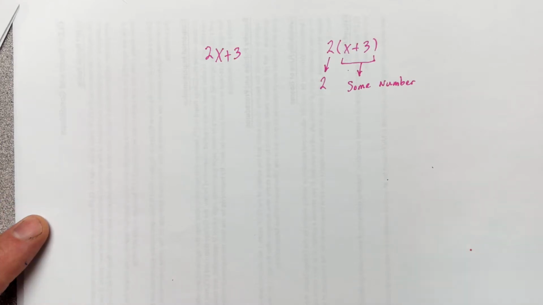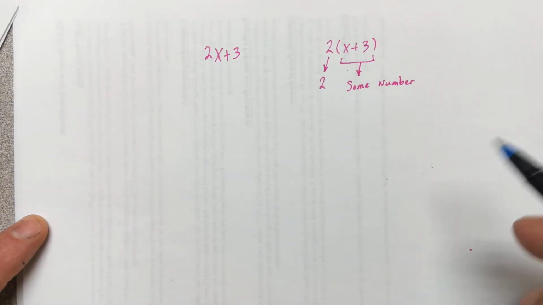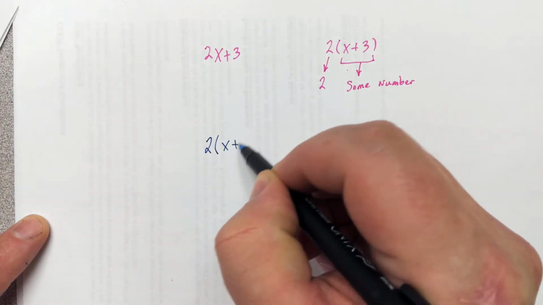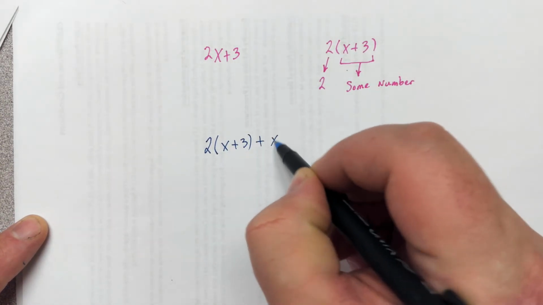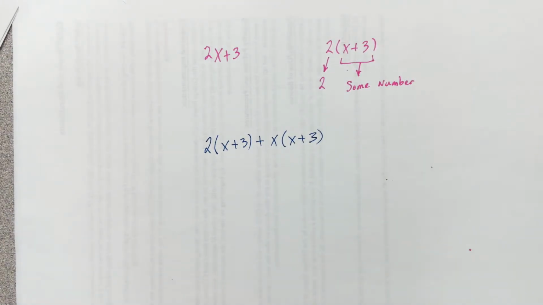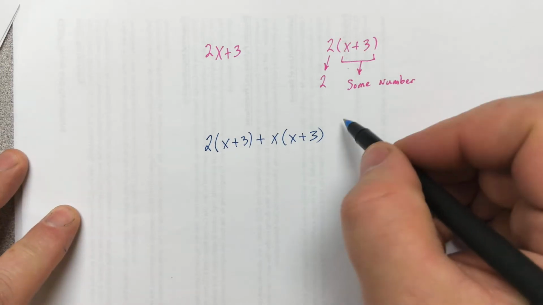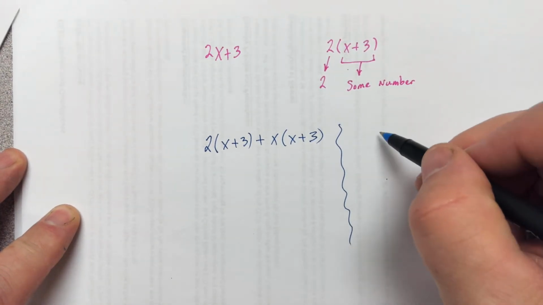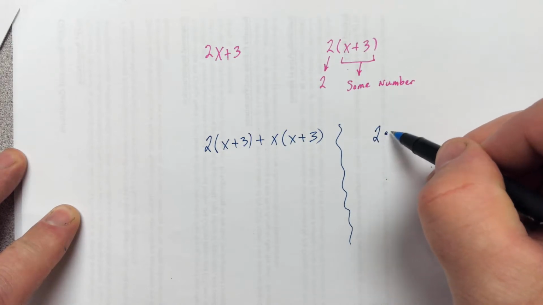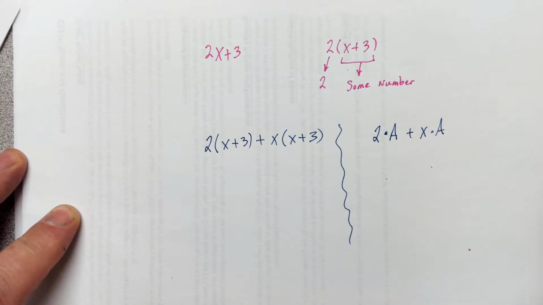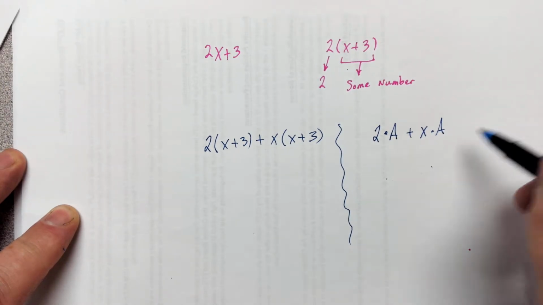Yeah. That one's fine. Okay, so Vanessa, let me show you how this works. Let's say we had 2 times x plus 3 plus x times x plus 3. Now, I'm going to write something that's similar but different. What if it was 2 times a plus x times a? What do they have in common? The a.